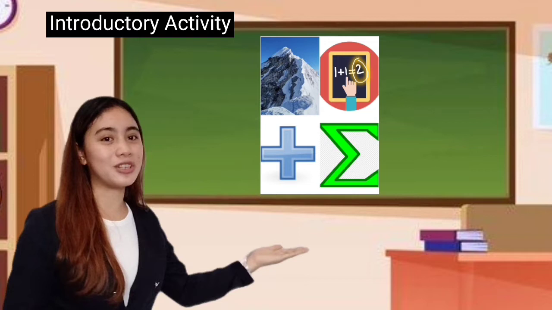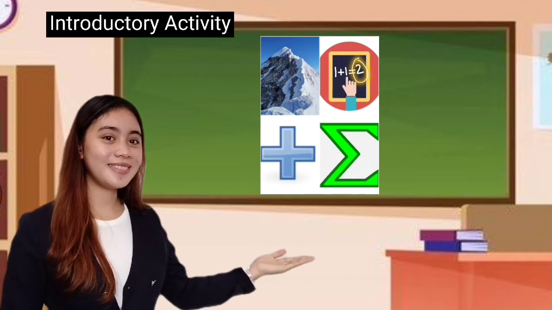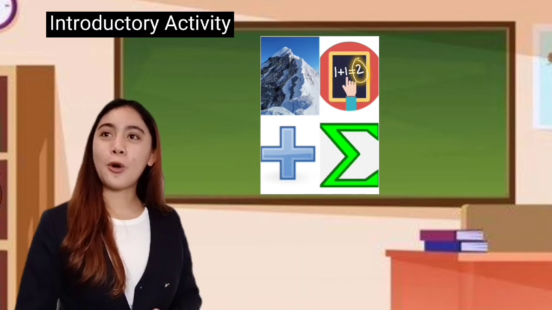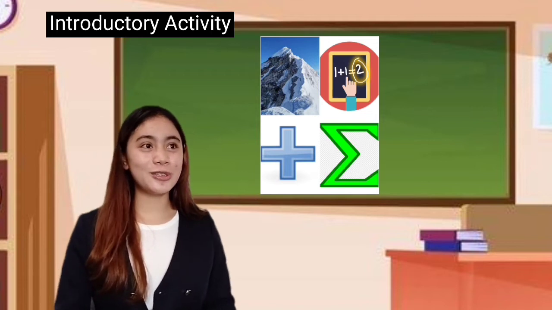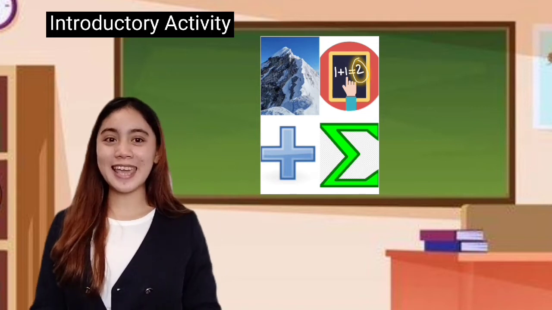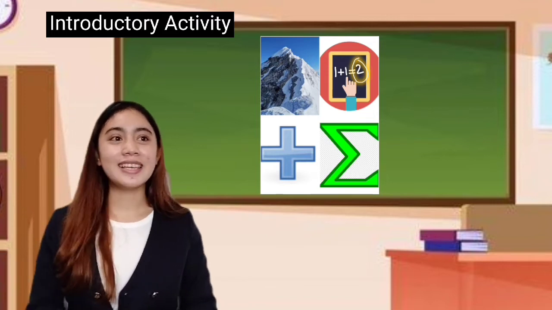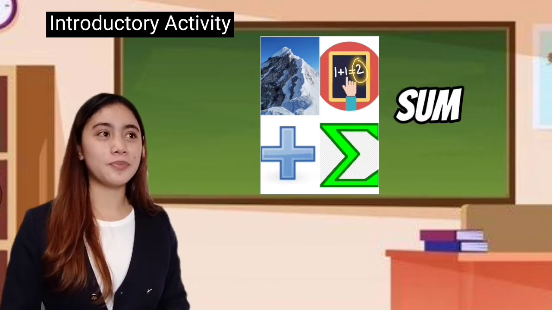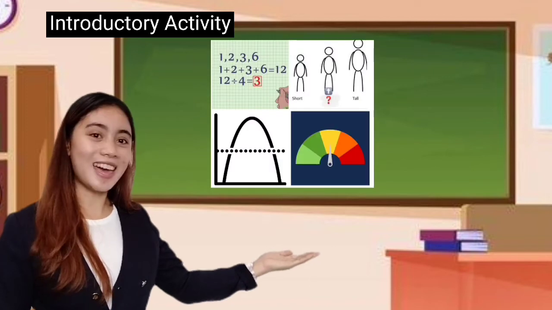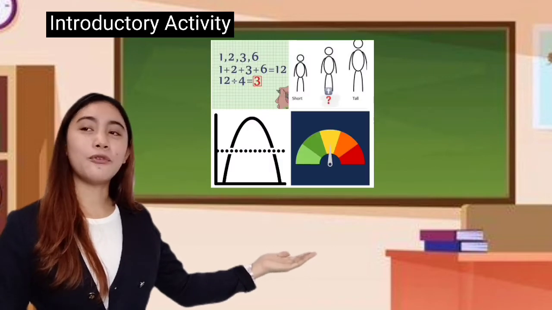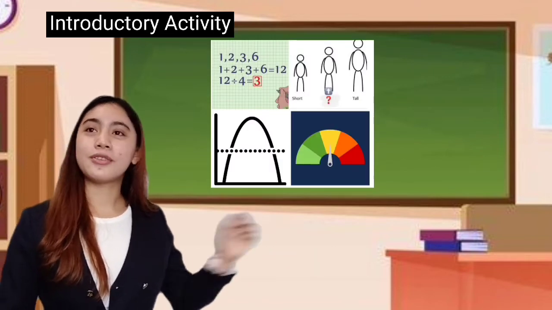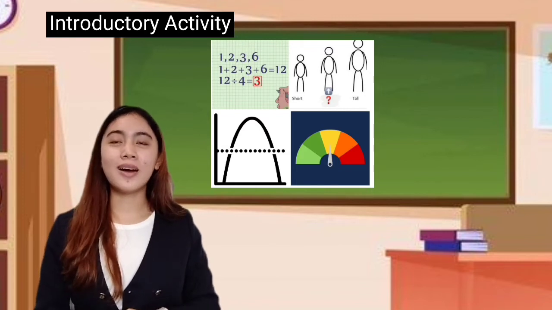For the first picture, we have 5, 4, 3, 2, 1. Who can give me the answer? Yes, Glenn. Very good. The answer is sum. For the next picture, we have 5, 4, 3, 2, 1. Time's up.